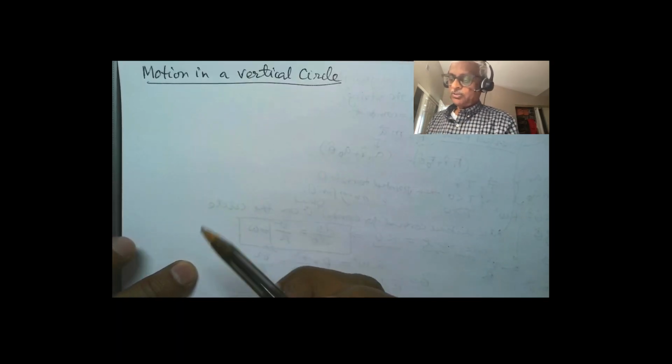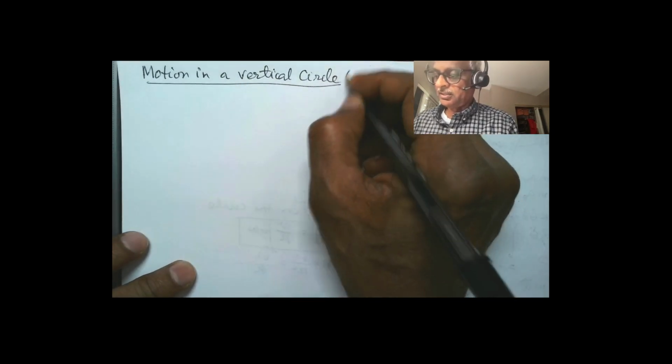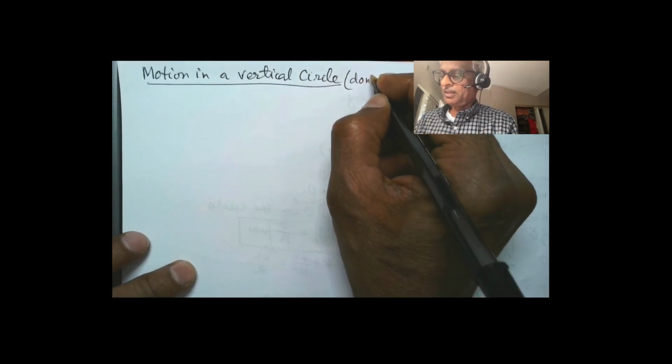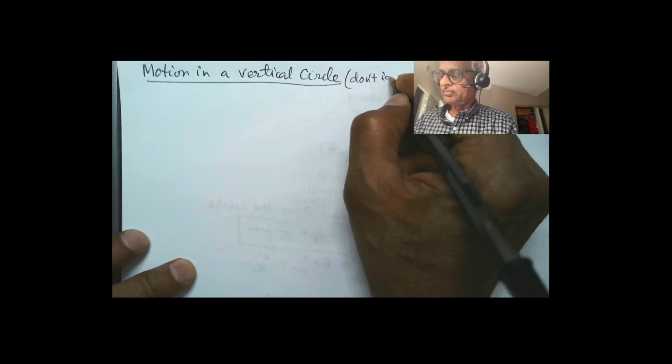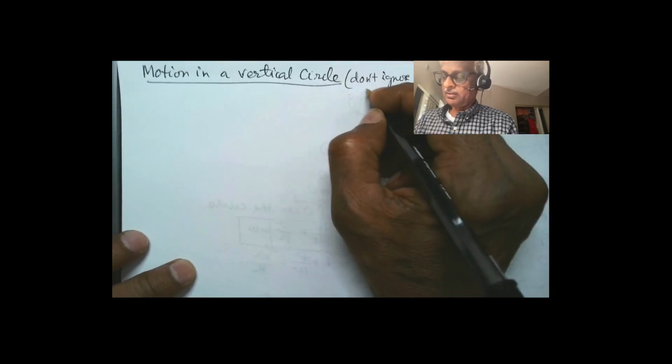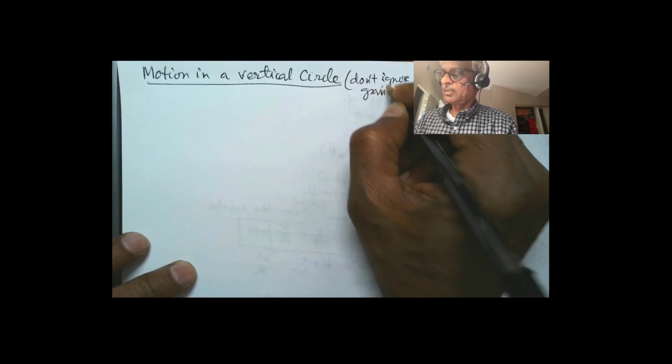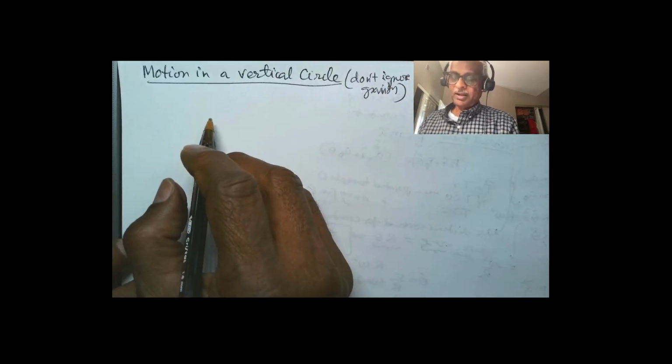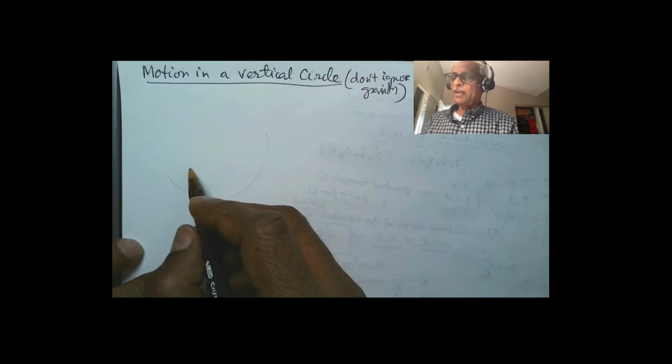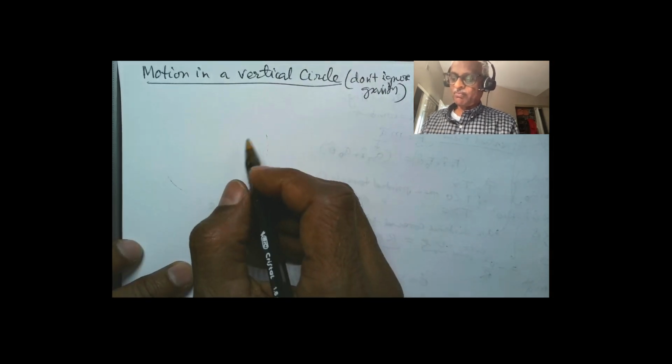Often you encounter problems where you can't ignore gravity. For instance, a loop-to-loop airplane, or you're moving something in a vertical circle.